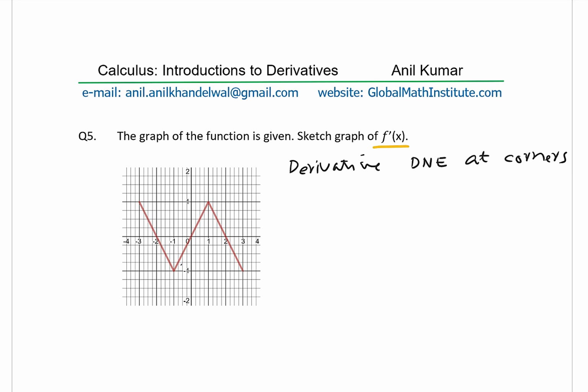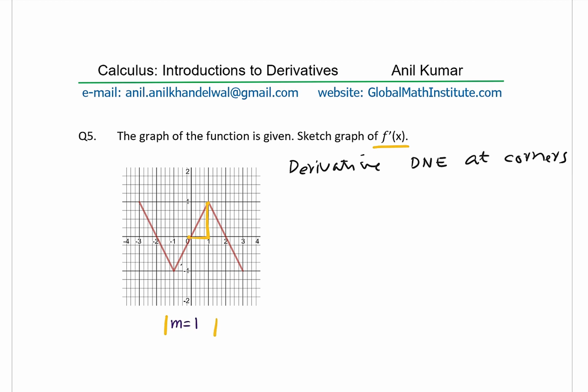So in the first part, let me show some work here. In this part, we have a derivative which is positive and you can find the slope of this. So the slope here is 1 by 1, and therefore I could write this as slope m equals 1.